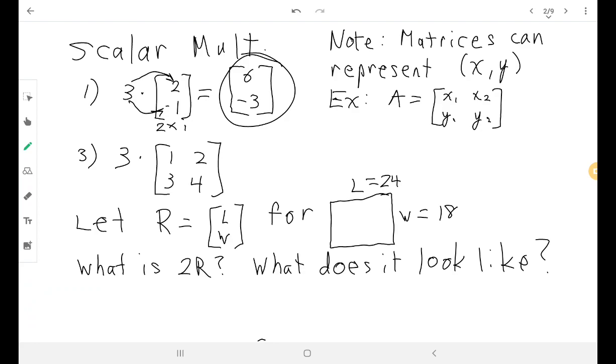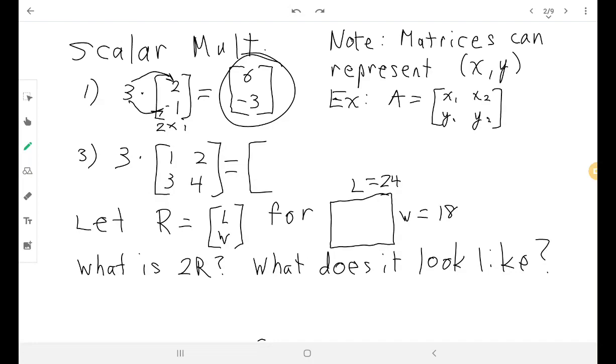So same thing for number 3. By the way, this is number 1 and number 3 because these correspond to the problem numbers in a 4-problem set that you'll be doing in the videos. So same thing here, we just distribute the 3 to everything and make a new, this is a 2 by 2 matrix, 2 rows, 2 columns.